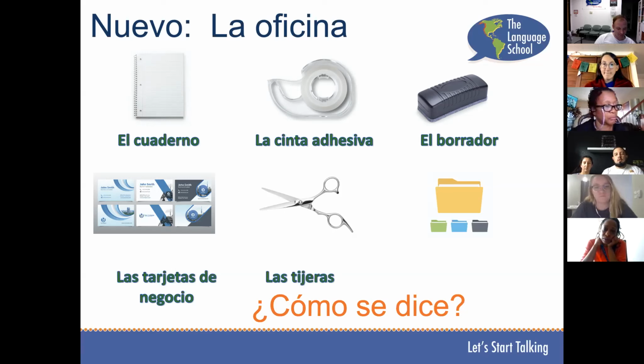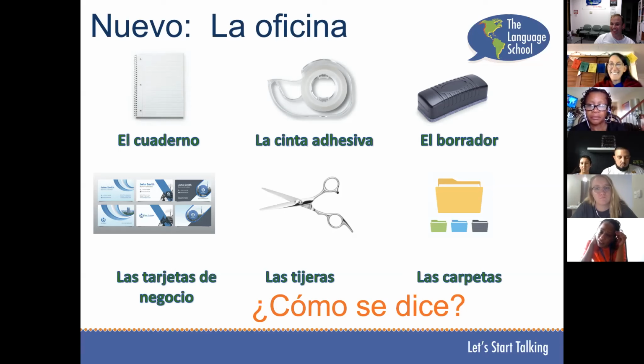Las tijeras. Who are we with now? Kia? ¿Cómo se dice files? Folders or files like this would be las carpetas. I think I had a hard time saying this last time, guys. Las carpetas. Yeah, this one was hard.